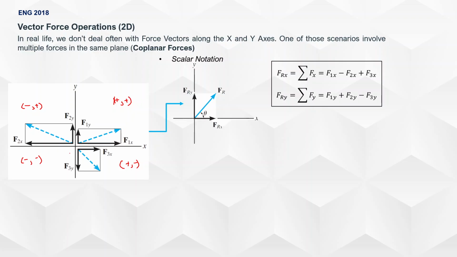So, of course, for scalar notation, all you have to do is the summation, same as before. You have to sum all the x and y components of your resultant force. So the resultant x forces, you need to sum those. Your resultant y component, you need to sum that. And once you have that, you can now get the magnitude of FR via the Pythagorean theorem.